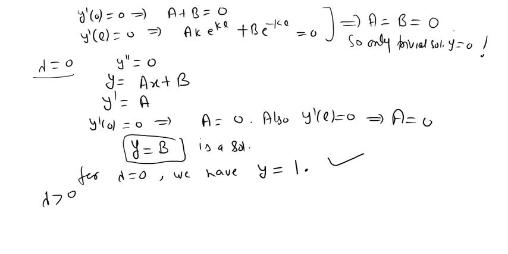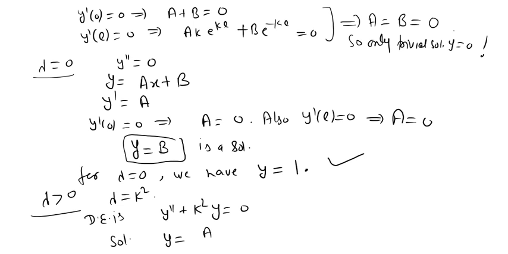So here we got one eigenvalue. Now the third case, when lambda is positive, so you can take lambda equal to k square. The differential equation is y double prime plus k square y equal to 0, which has solution y equal to a cos kx plus b sin kx, by writing the auxiliary equation r square plus k square equal to 0, which will give you two complex roots plus minus iota k.